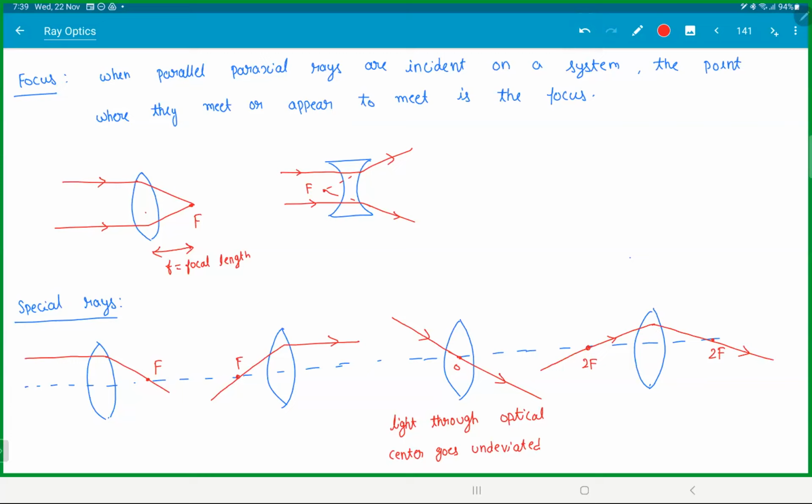So the same thing we'll do here also. Clear with the steps? Great. Let's see.